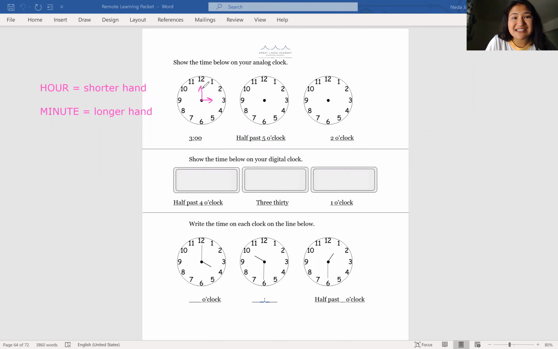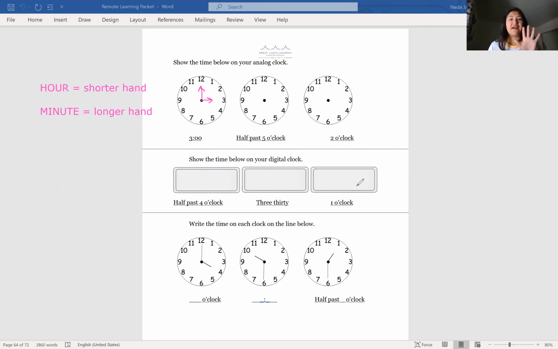Now the next one says half past 5 o'clock. Remember that half past 5 o'clock is the same thing as saying 5:30. So half past means half past the original hour.